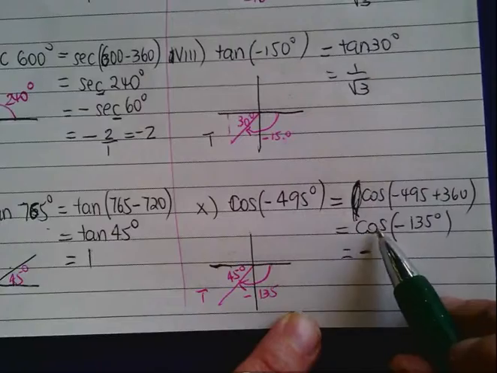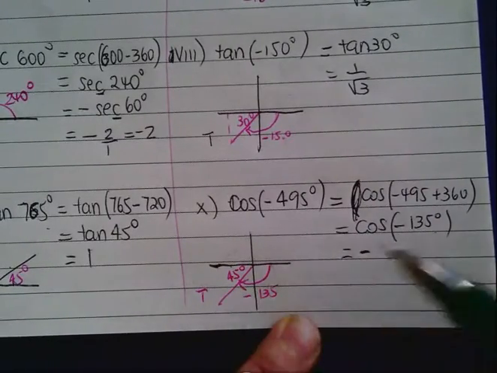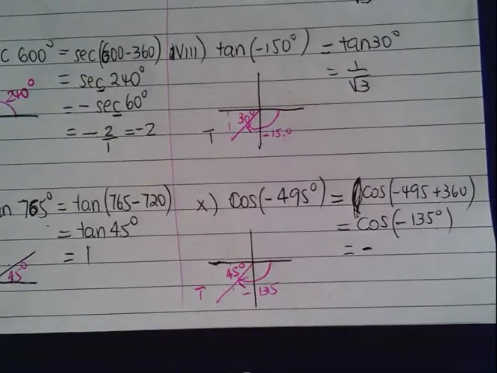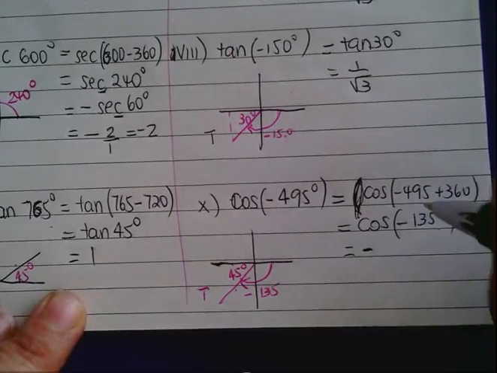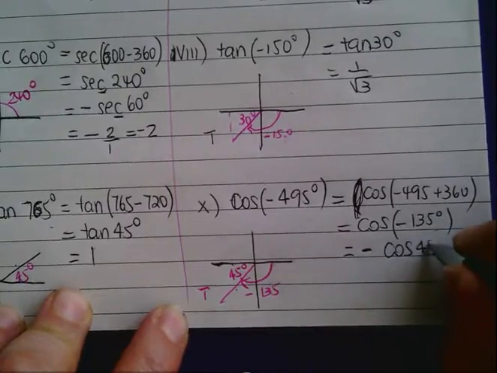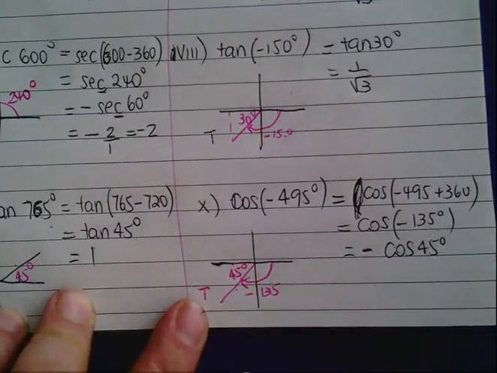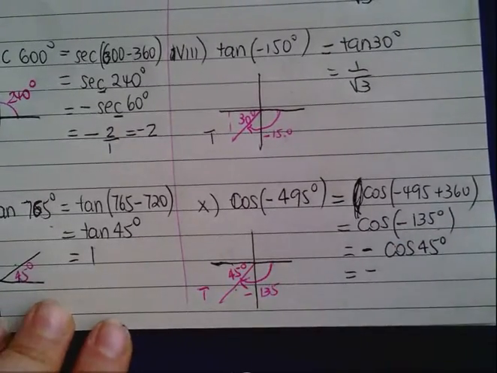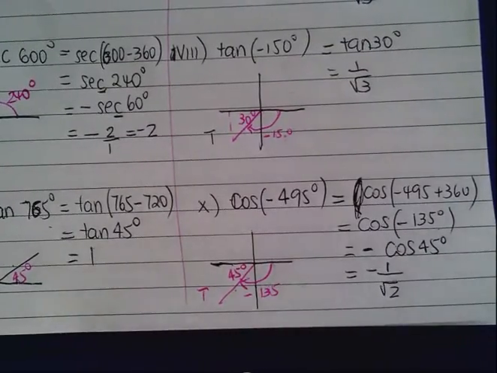This is different. This is telling you go clockwise. Cos of negative 135 tells you to go clockwise. And then you draw where you are. That just tells you which way to go around the circle, that negative. Right, then you draw it, and then you see that your related acute angle is 45. And then you say all stations to central, cos is negative, and you put the negative out the front. And what's cos of 45? 1 on root 2.